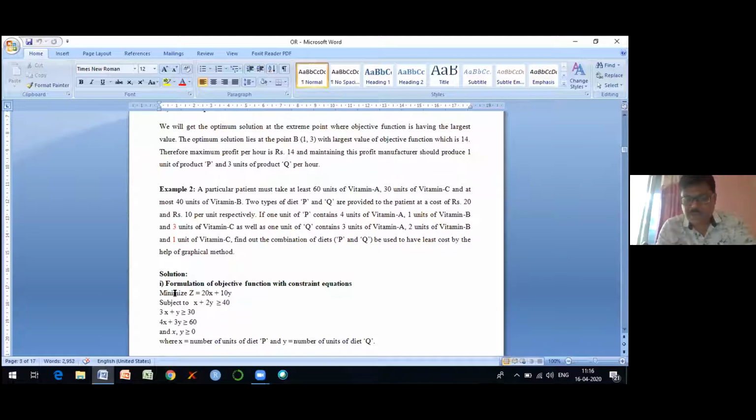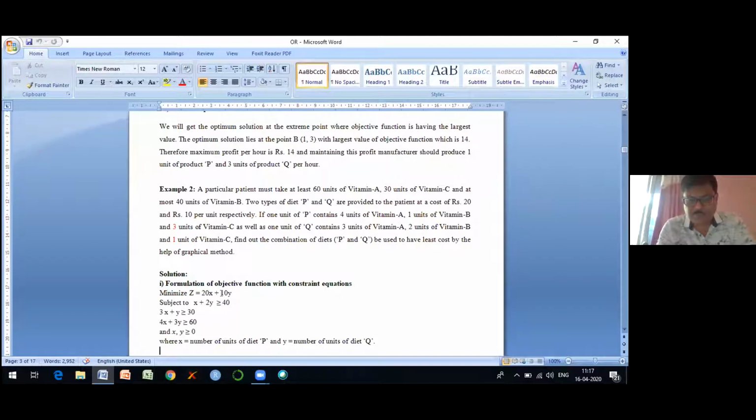So our objective function will be written in this way. Our objective in this problem is to minimize the total cost. So here we have written minimize Z equal to 20X plus 10Y. 20X is the cost in case of product P, and the cost in case of product Q is 10Y.